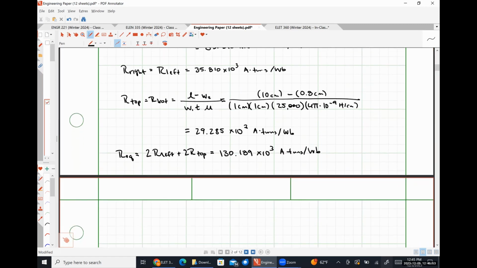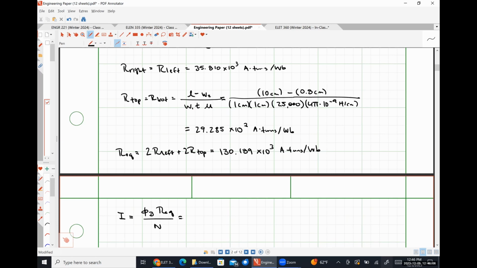And using this value, our current is phi B times our equivalent reluctance divided by N. Plugging our numbers in, we have 0.1 Webers times 130.189 times 10 to the 3 amp turns per Weber divided by 500 turns.